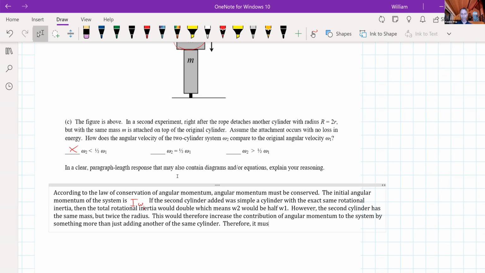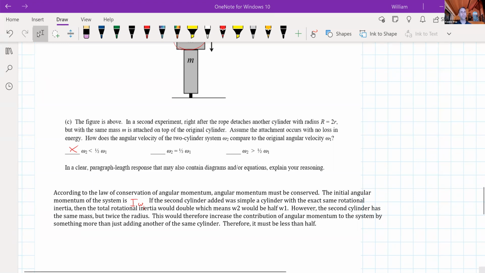Therefore, it must be less than half. Does that make sense? Again, I know that's a bit of a mouthful. Now, let me show you. I will copy and paste how they would assign partial credit to this.